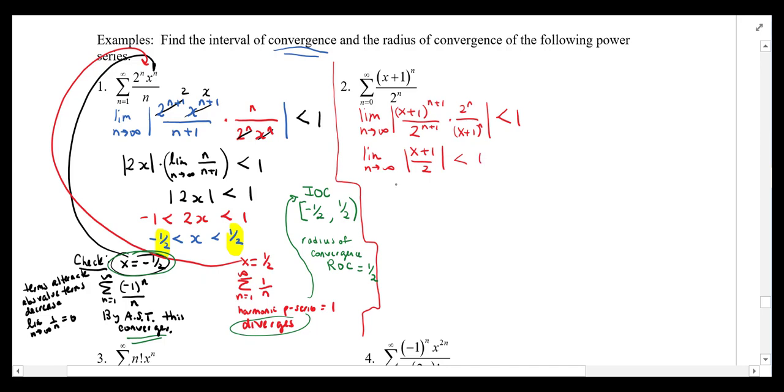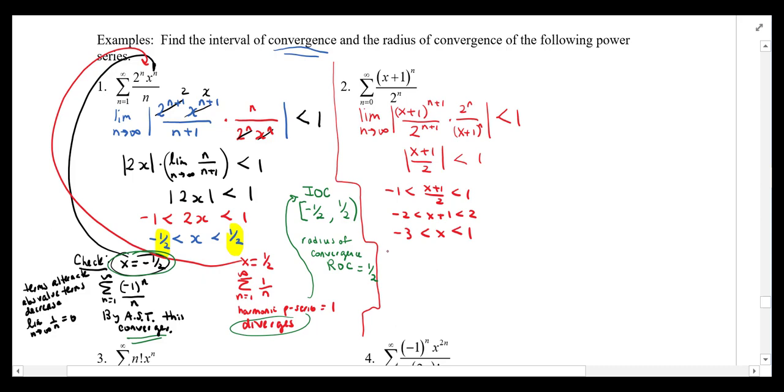I guess I don't even need that limit as n approaches infinity anymore because I skipped a whole bunch of steps there. Nonetheless, that's what you got. I will continue on. There's 2. Subtract 1. Cool.